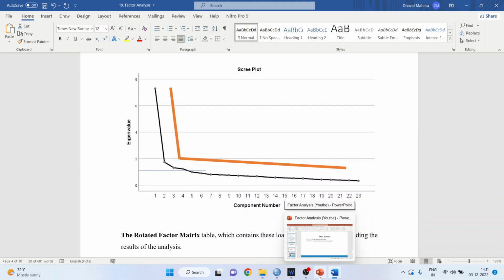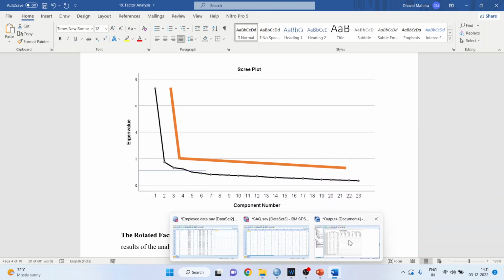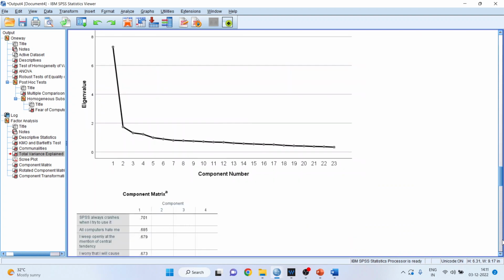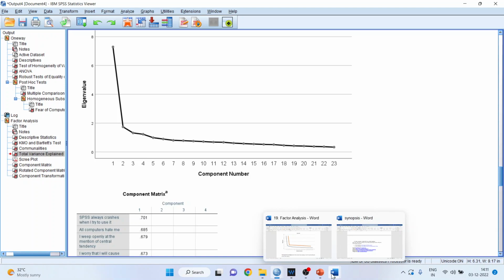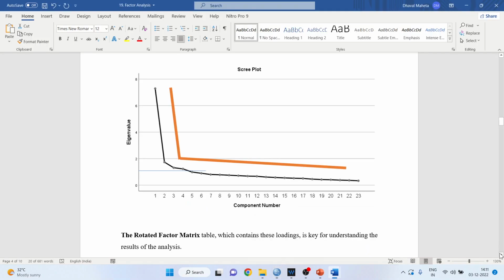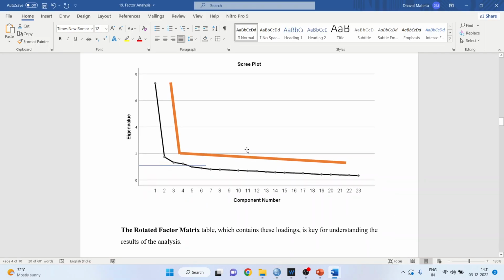This also I have copied from here only. Scree plot. This Scree plot should have an elbow shaped curve. You can see it's an elbow shaped curve. Moreover, on the x-axis we are having component number, and on the y-axis we are having an eigenvalue.